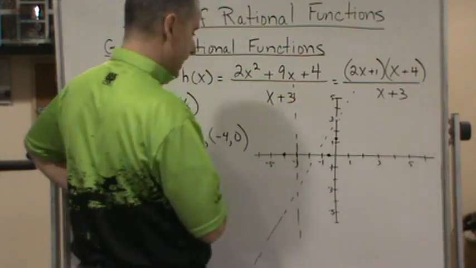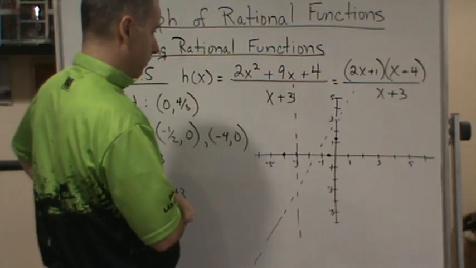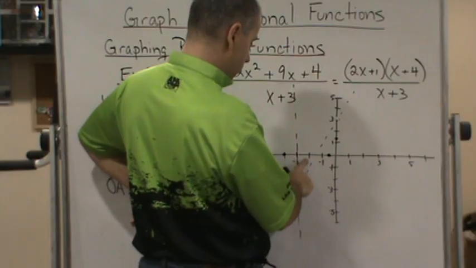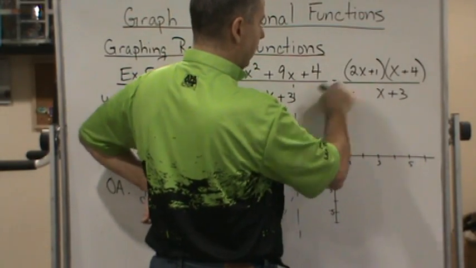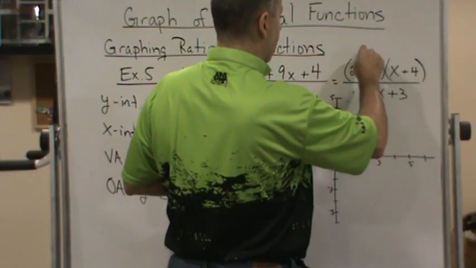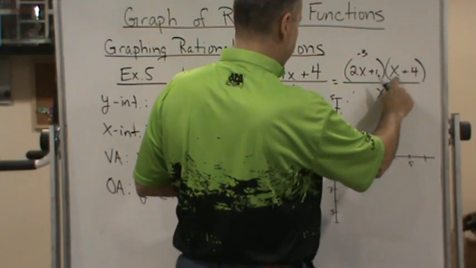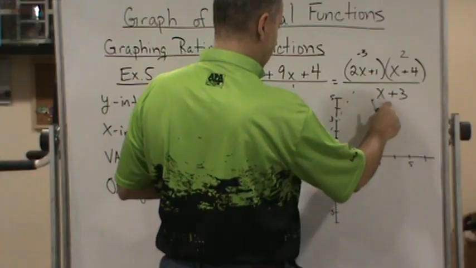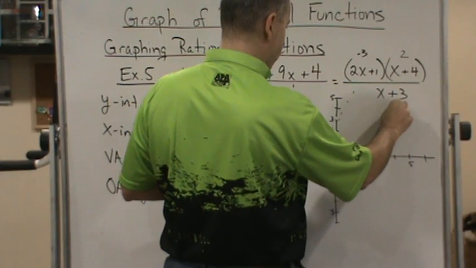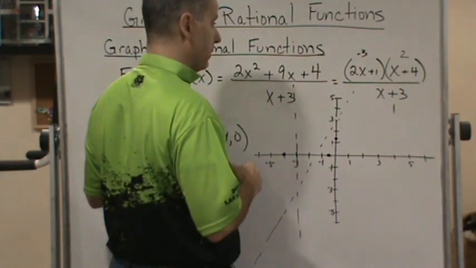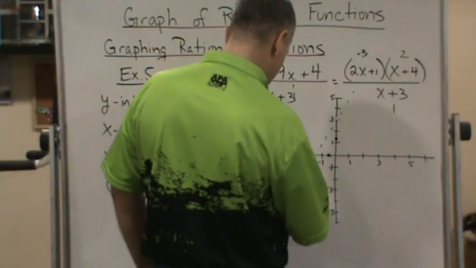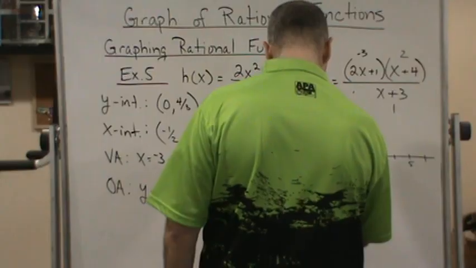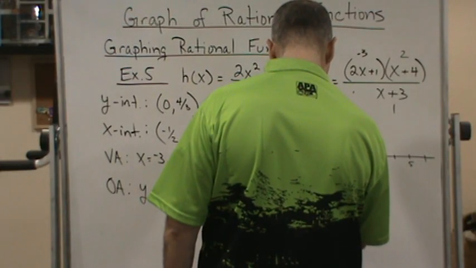So negative 3 times 2 is negative 6, divided by 1, so it's going to give us negative 6, right? So at negative 2, we're going to be at negative 6, which is right down here.